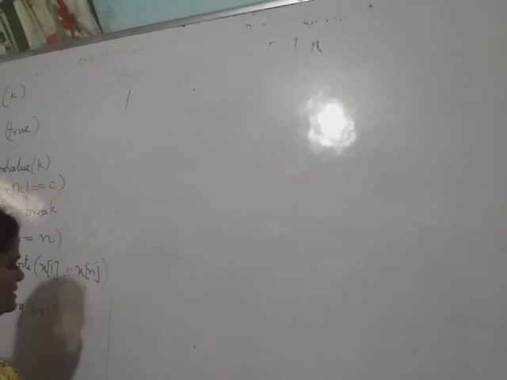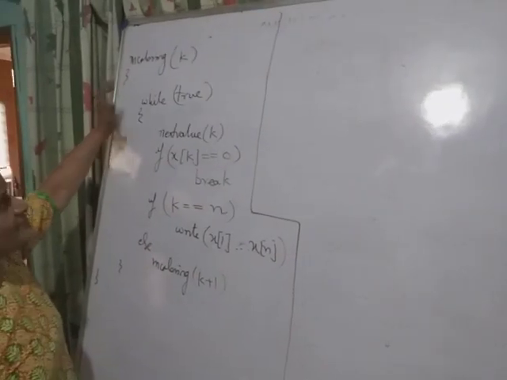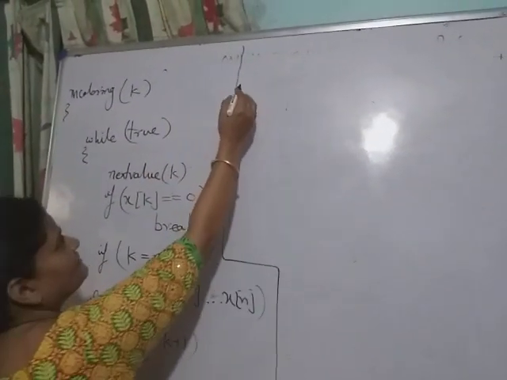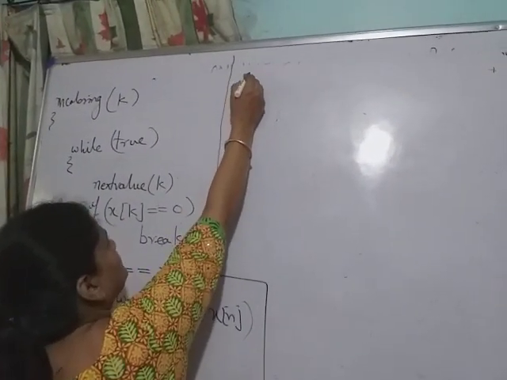So now I am giving the dry run of this algorithm. First from the main, I will call this function with k equal to 1.